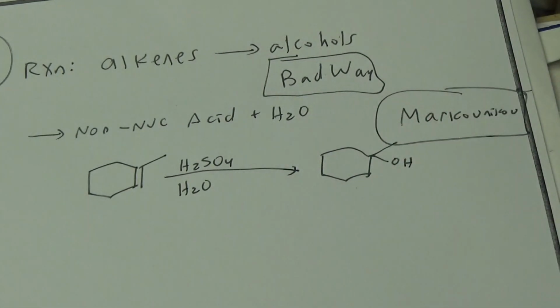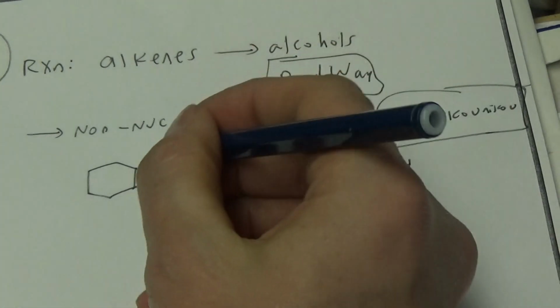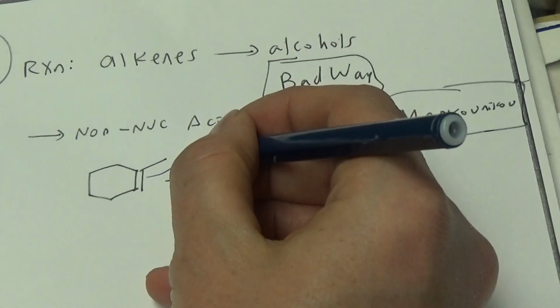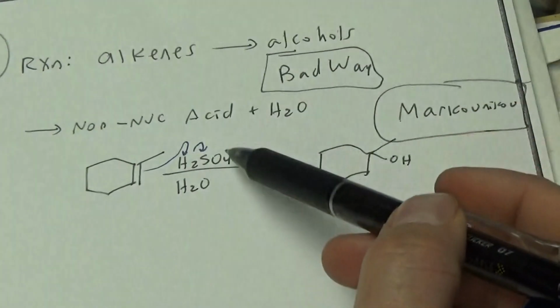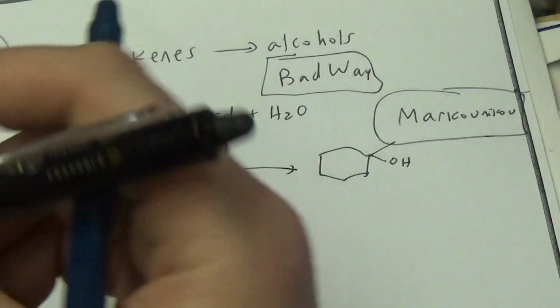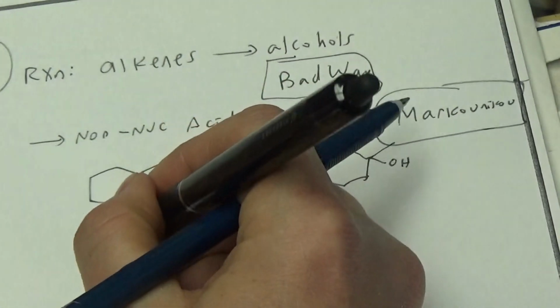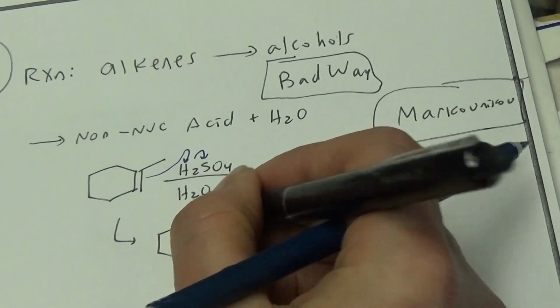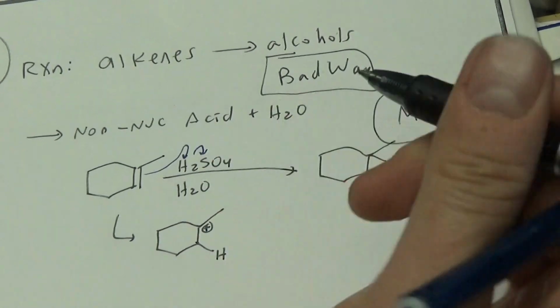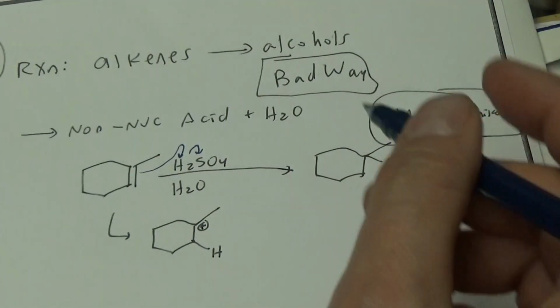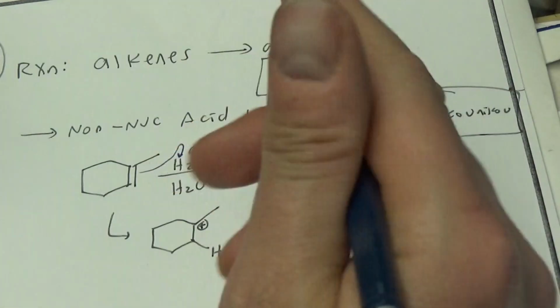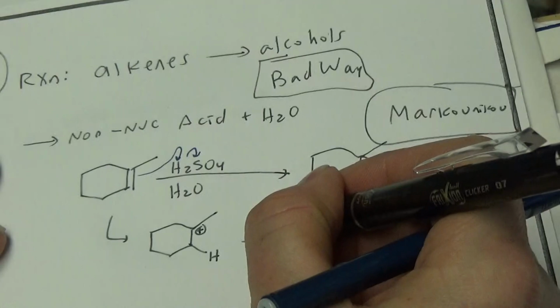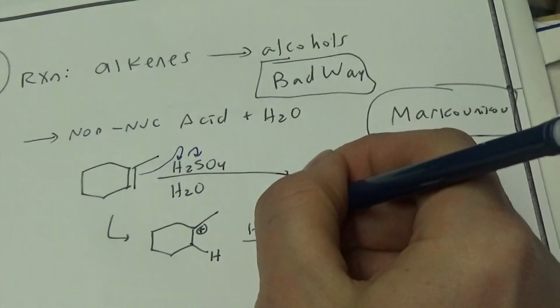Alright, the mechanism is super easy. Alkene attacks the acid. So acid is just something that can be attacked, and that gives you a carbocation. Again, the carbocation would go to the more substituted side. Alright, and then you can kind of see where we're going now. How do we get to the next step? Just water attacks it. Okay.